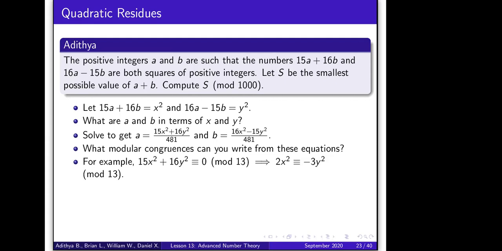But notice if we multiply by the inverse of 2 mod 13, which is 7, then the left side becomes x squared, and the right side, after some calculation, becomes 5y squared mod 13.